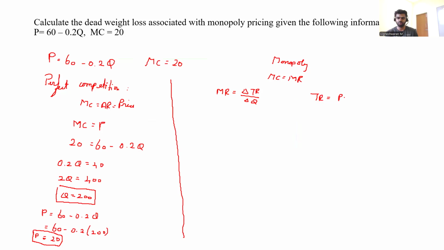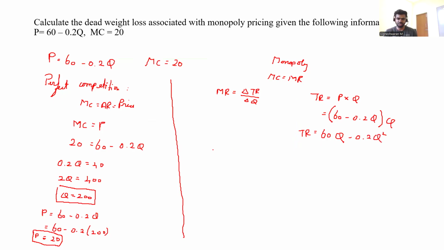Total revenue is equal to price into quantity. So we have price 60 minus 0.2Q multiplied with quantity. So total revenue will be equal to 60Q minus 0.2Q square.